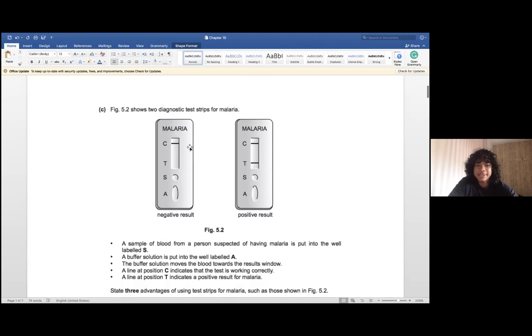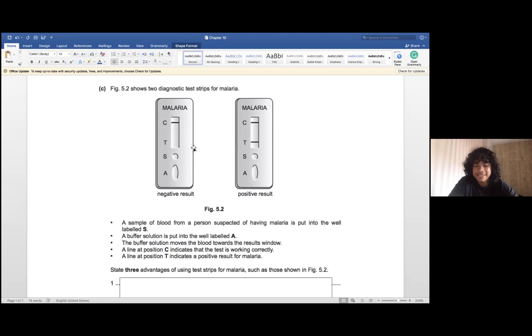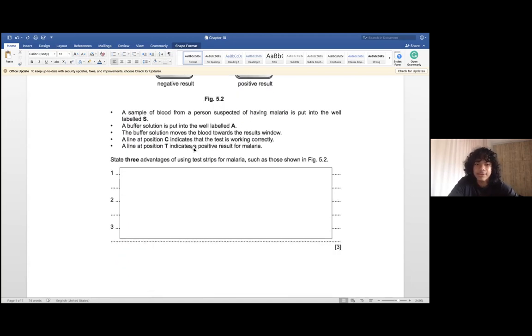So this test strip is actually really similar to the RTK for COVID test. So if you guys have done the COVID test before, it's actually pretty convenient.